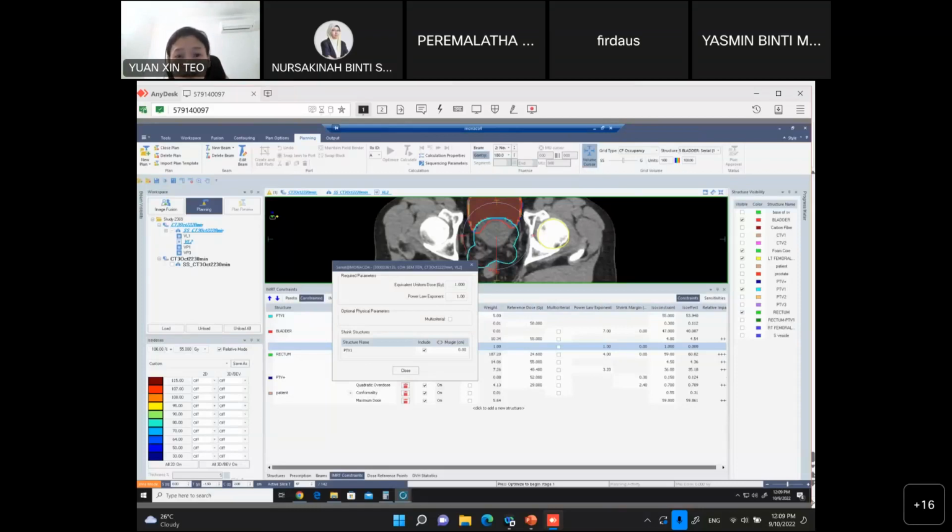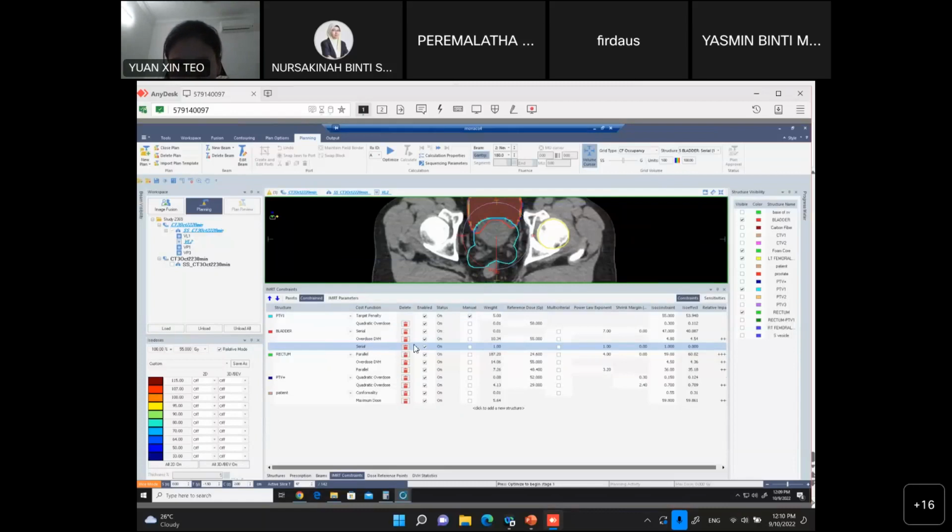Okay, and this one I won't explain in great detail because it is all based on the Monaco system. So I will need to tell the computer. Now, for example, this one is my colleague's plan.